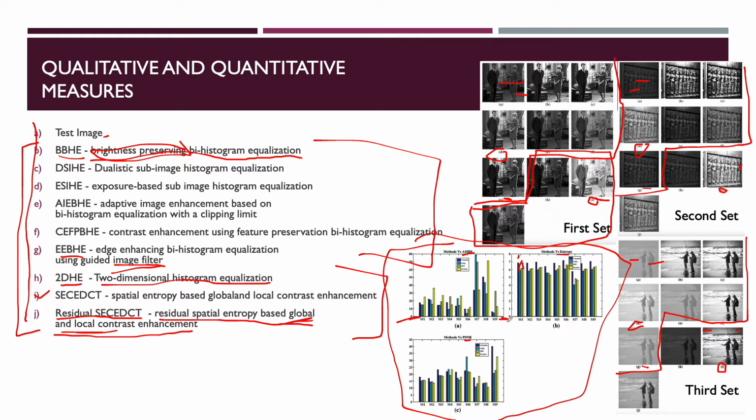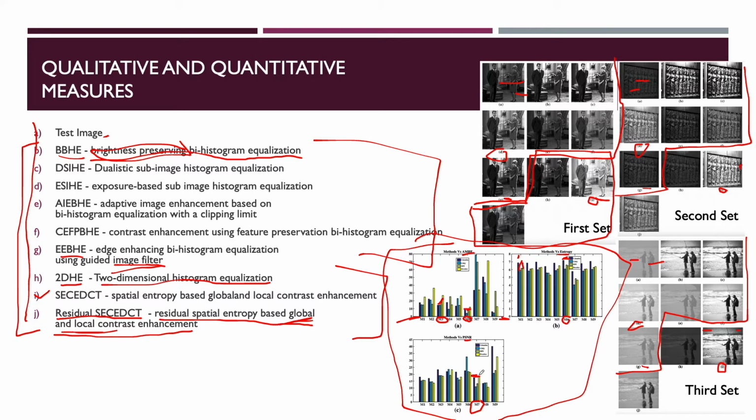Among these, ESIHE, which is the third method, and EEBHEGF, which is the sixth method, have better mean preservation compared to the other methods, in the sense that it gives a similar value for the different kinds of images. EEBHEGF also has the highest entropy in this case, and 2DHE, which is M7, has the better PSNR value compared to the rest.